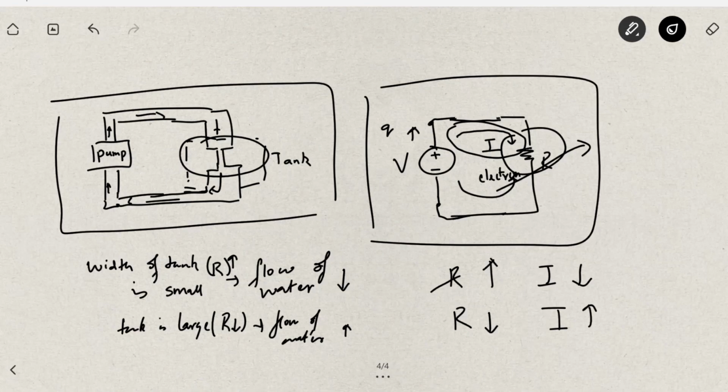Mechanical circuits or other forms of circuits are a bit slower. You will not see water suddenly rising up to the tank. It will take some time, 3, 4, 5 seconds, for water to be pumped from one place to another. It does not flow at the speed of light like electrons. Electrical circuits are very fast.